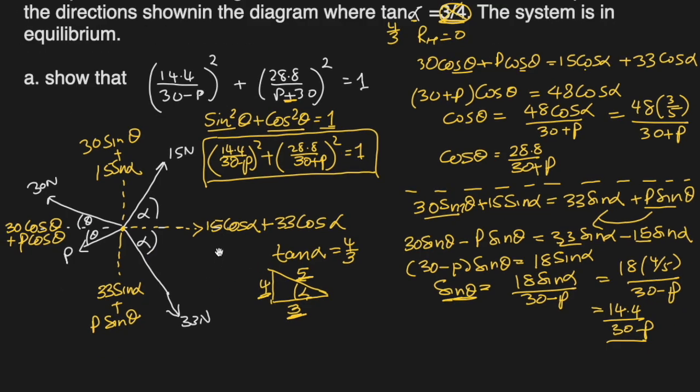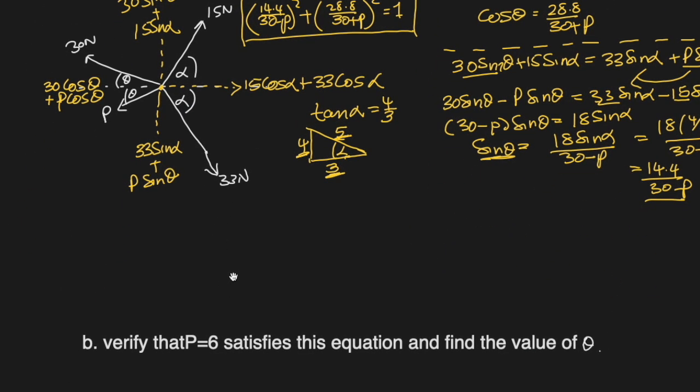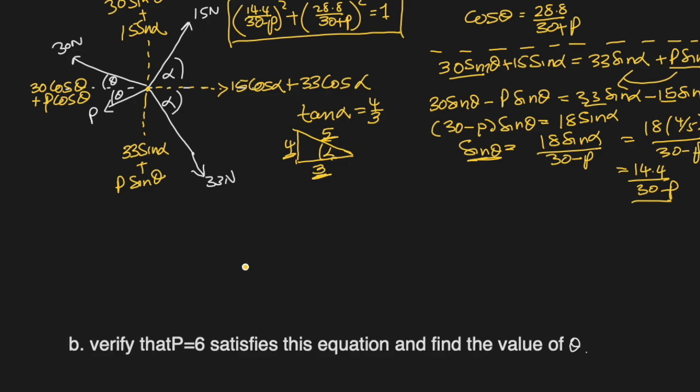Okay, they may have b part also. Now we have to verify. Verify means we don't have to calculate much. Just verify that p equal to 6 satisfies this equation. So we'll just put p equal to 6 here and it should satisfy the equation.